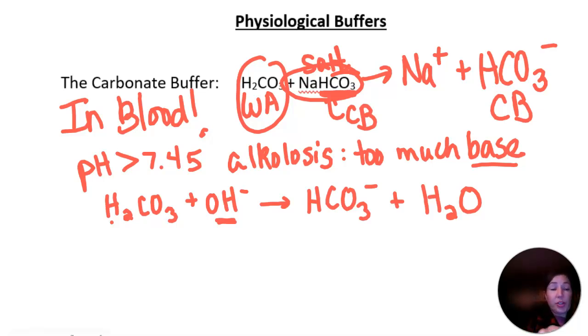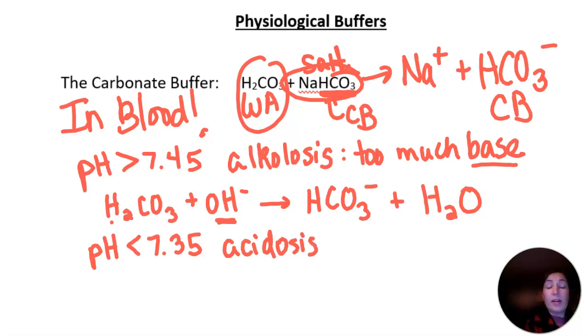What if there's too much acid? Blood pH less than 7.35 is called acidosis. It can be caused by a number of causes, but really that's all about too much acid. So how does the carbonate buffer help deal with this?